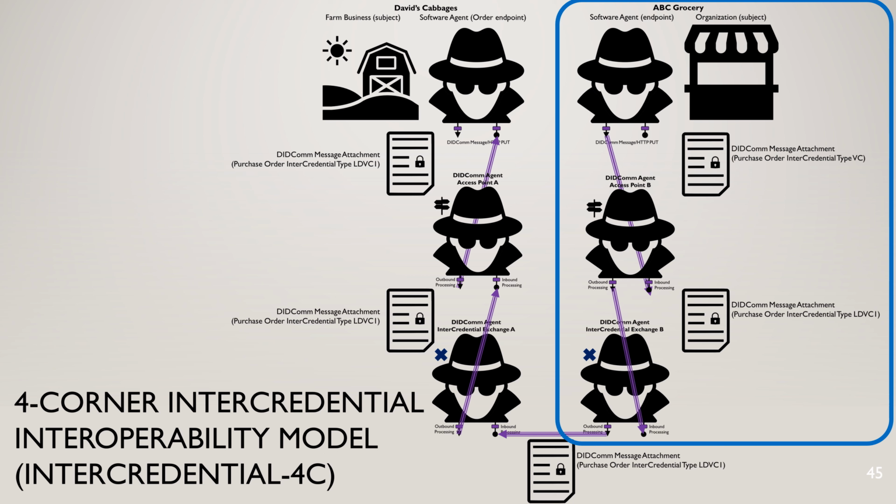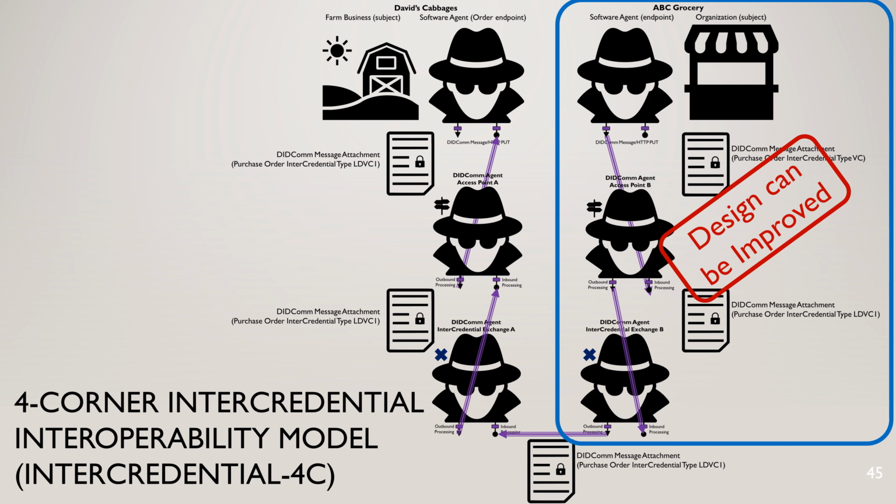From a DIDCOMM messaging perspective, particularly the signing and re-signing of the verifiable credential after it's been transformed, and then the signing and re-signing of the message to which it's attached, it becomes a little bit cumbersome, just to leave it at that. So we can improve on this design.